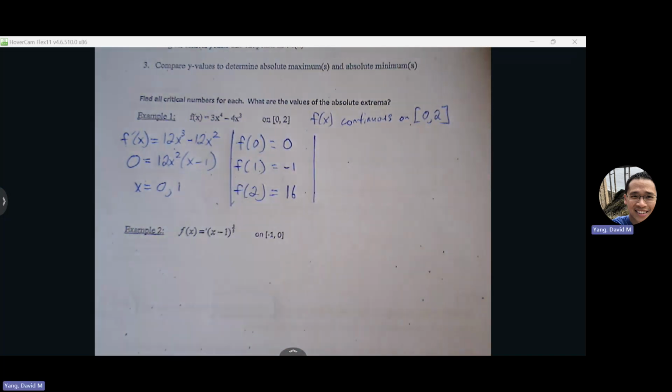Okay. In the textbook, they would refer to absolute max or absolute min as ordered pairs, but on the AP exam, they are just looking for the y values. So I want us to practice just doing the y values. Sometimes it's tricky where they ask you for absolute max and then they give you a choice of either the x or the y value, and the x value will be incorrect.